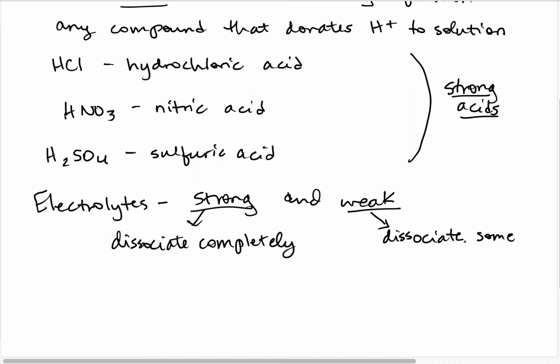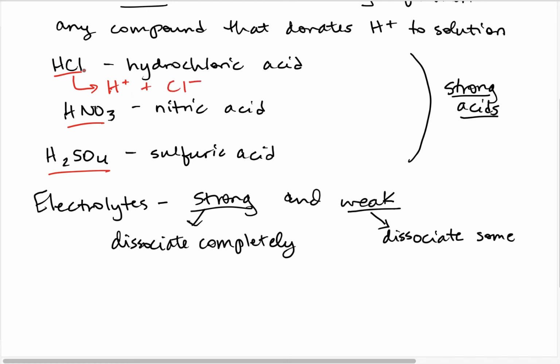Anything from just a little to a decent amount, and that's pretty variable. So these three acids that I just mentioned, HCl, HNO3, and H2SO4, are all strong acids, so that means that when they get in solution, they dissociate completely.